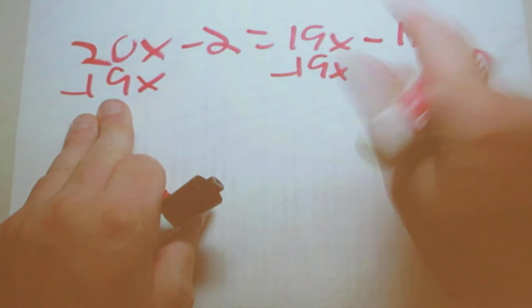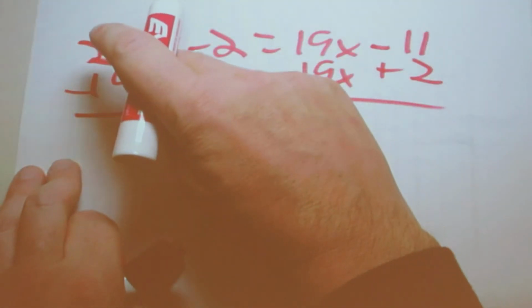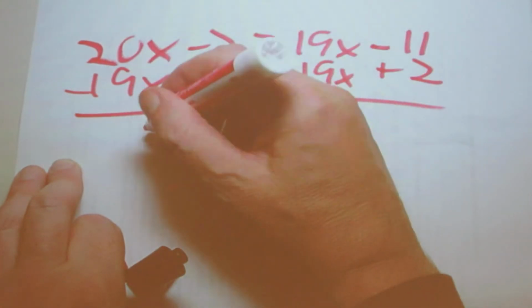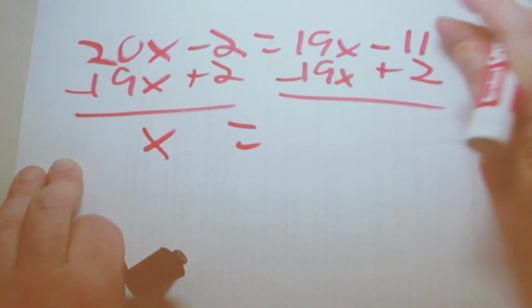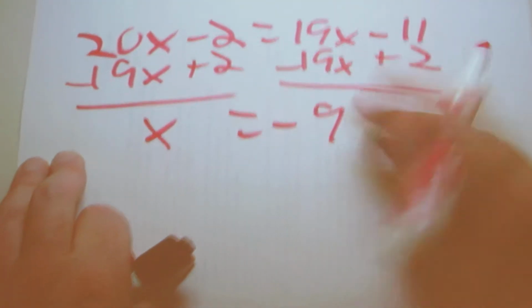Since I'm moving the x's to the left, I'm going to move my numbers to the right, so plus 2 on both sides. When I do that, 20x minus 19x is just 1x equals negative 11 plus 2, which is minus 9.